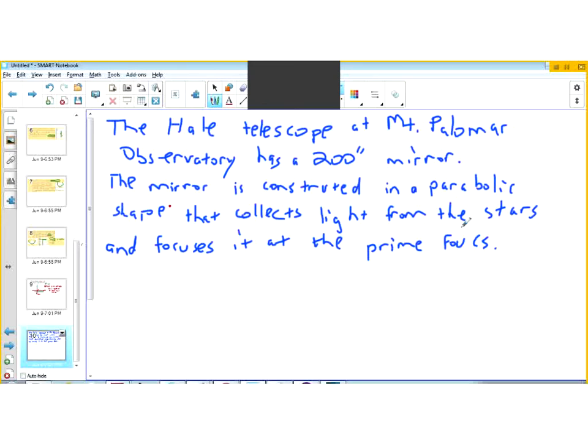The mirror is 3.79 inches deep at its center.